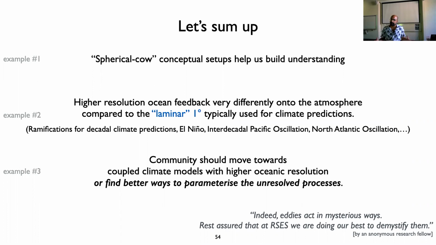Perhaps the 1 degree ocean does not provide the proper nudging to the atmosphere, and that's why when you do climate models with 1 degree ocean, you don't see as many or as strong interdecadal Pacific oscillations as you would see when you put the right pattern in there. So that's where we're going. But yeah, it's still a hypothesis.